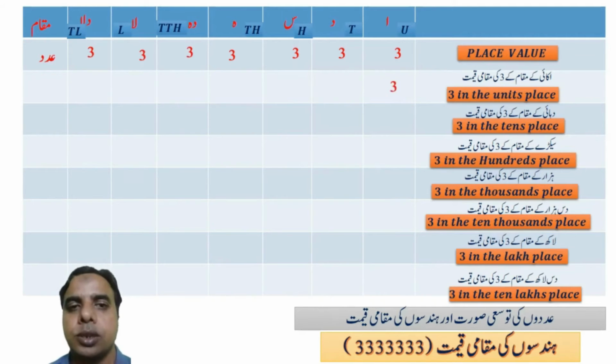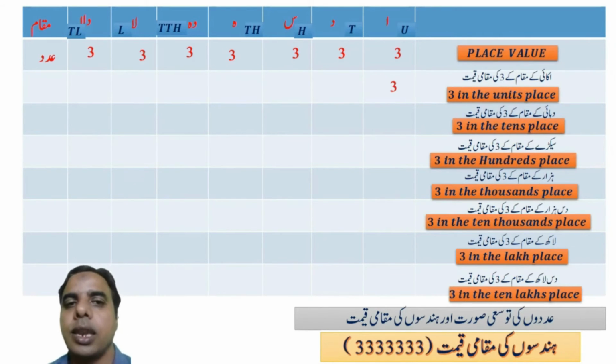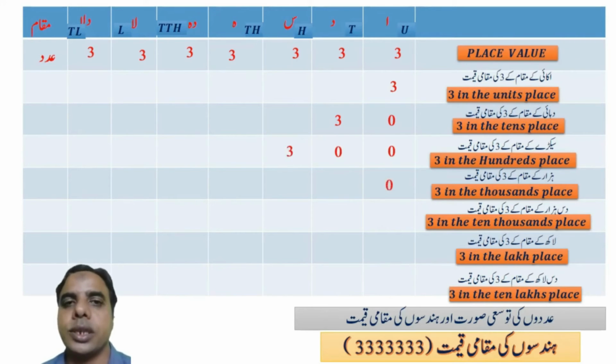So while reading a 7-digit number, first read the digit in the 10 lakhs and lakhs places together, and then read the rest of the 5-digit number. So hope students you will do as we directed you in this session. Okay, and now we'll move to the next exercise, or next practice question here.